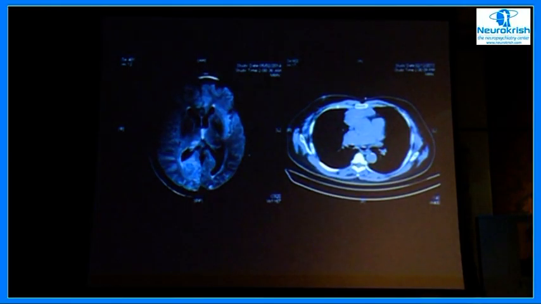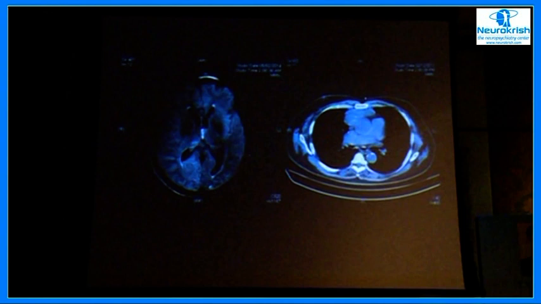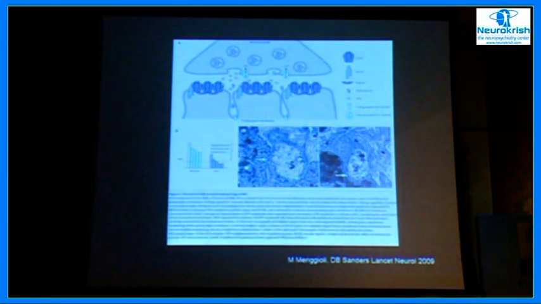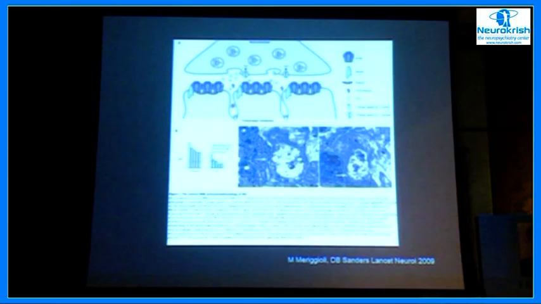So this is the MRI, which shows features of involvement of the right occipital cortex, the thalamus, and the insular cortex region again. So this is again a syndrome where you have a myasthenic syndrome with a thymoma with a CNS involvement.